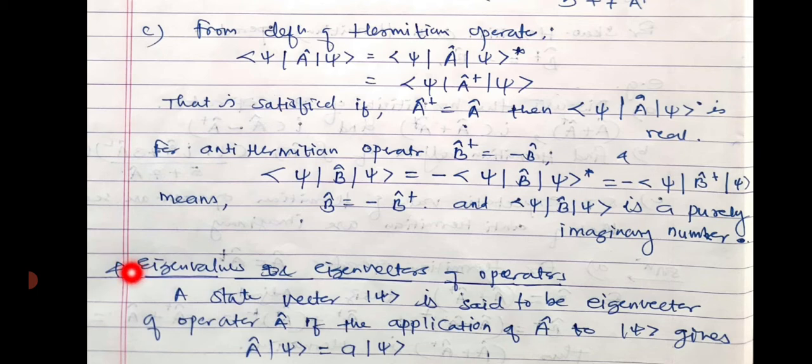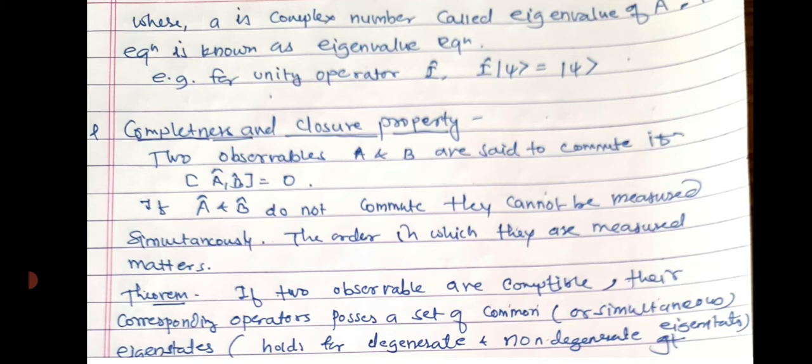A state vector ket psi is said to be an eigenvector of operator A if, for any application of A on psi, it gives A operating on psi equal to small a times psi, where ket psi is the eigenvector, capital A is the operator, and small a is the eigenvalue of this operator. Here a is a complex number called the eigenvalue of A. The equation is known as the eigenvalue equation. That equation can be written for a unitary operator like this.